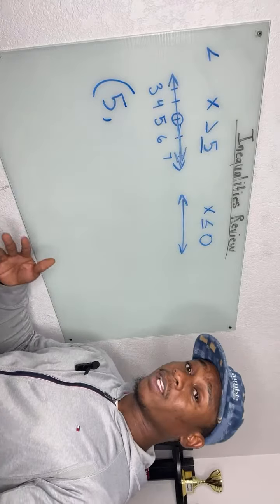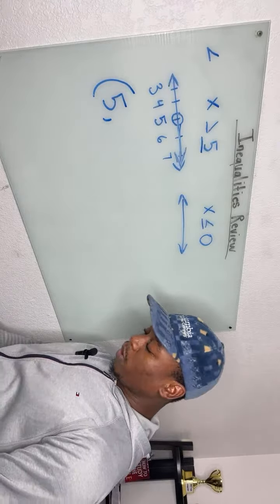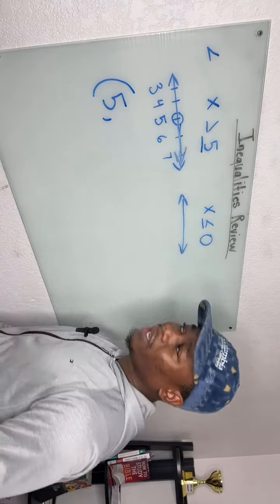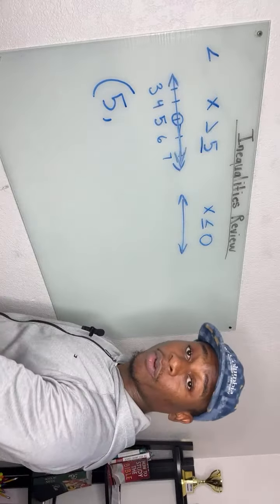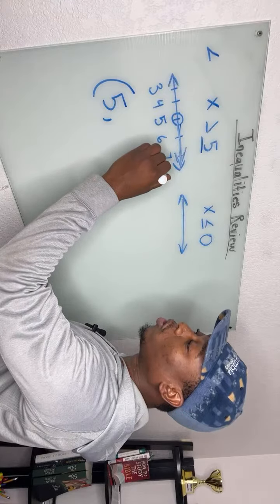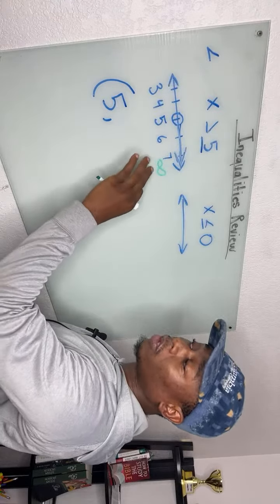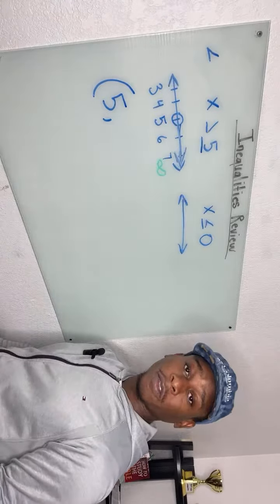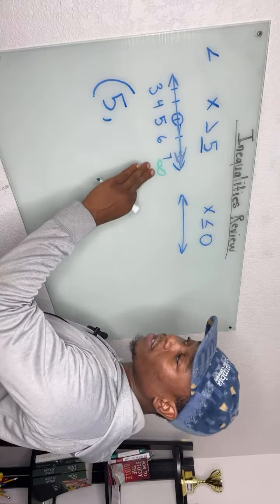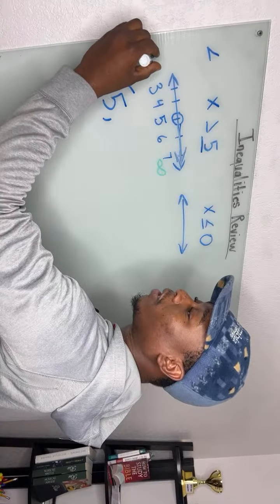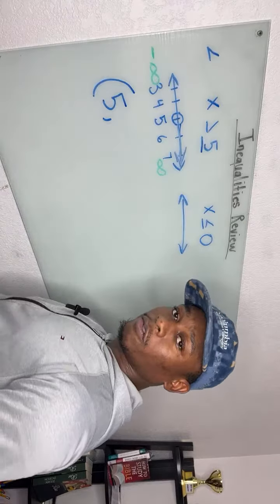Now, where exactly is the graph going? When we talk about inequalities, we cannot list every single number that's greater than 5. So what we're going to do is replace it with a symbol that looks like this, and that's the infinity symbol. So we have positive infinity, and then on the negative side, we have negative infinity.